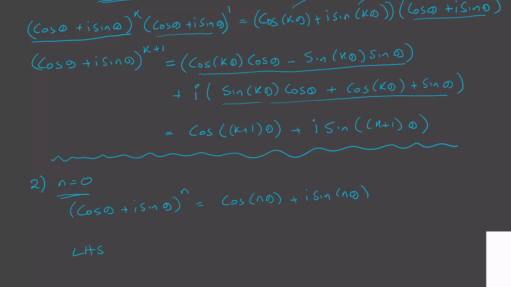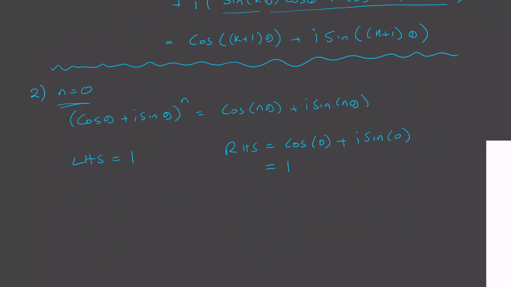So the left-hand side obviously just becomes 1. And the right-hand side would become cos 0 + i sin 0. And you should know that cos 0 is 1 and sin 0 is 0. And therefore that is equal to 1 as well. And so part 2 is done.